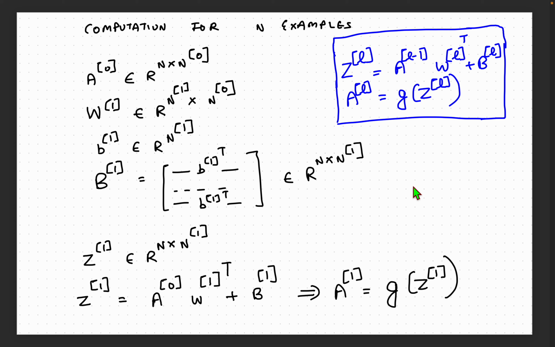If you transpose that, the n superscript 0 shape will come first, and only then will the matrix multiplication become possible, because in matrix multiplication you should have the same shape in between. When you multiply these two together, you get n cross n superscript [1] shape. Is that clear?